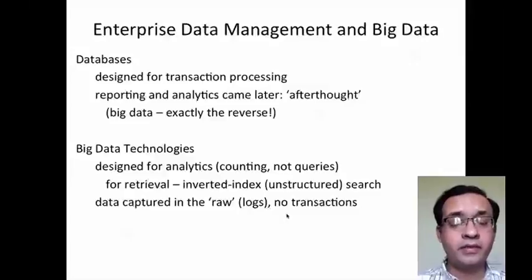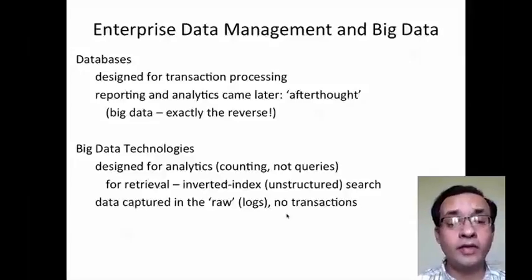And the second big difference from traditional databases is that data is captured pretty much in the raw, essentially logs of transactions that come in. There are no transactional overheads in terms of making sure that when data is captured, it's being entered by multiple people at the same time, so you have to make sure that they don't overwrite each other's transactions. Those things you don't have to worry about.